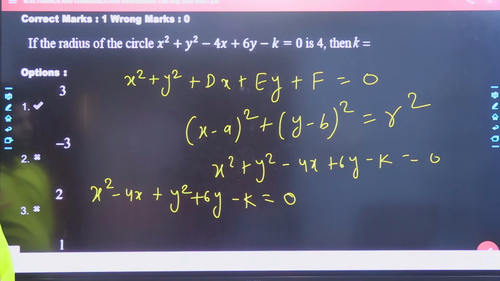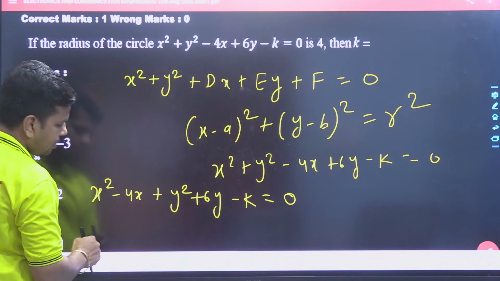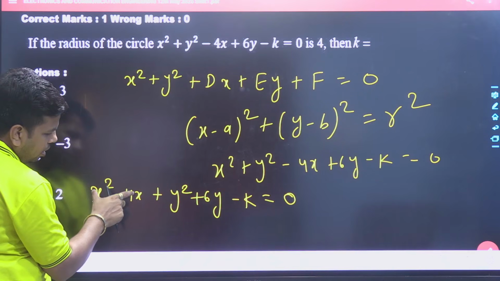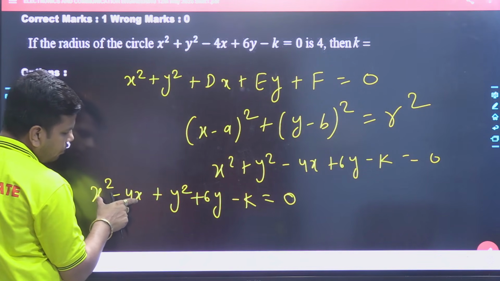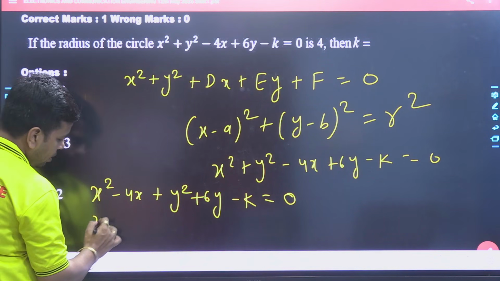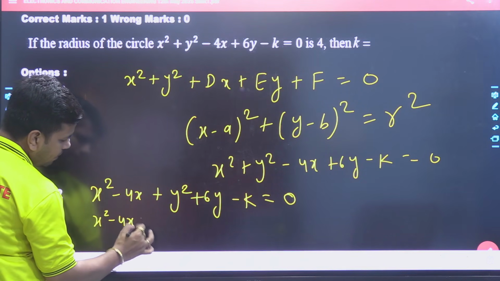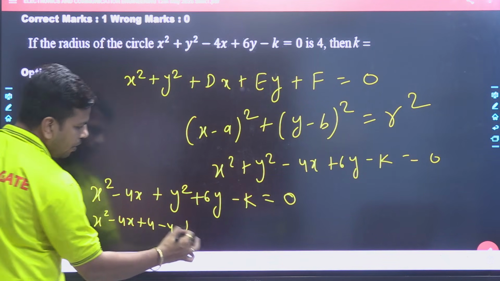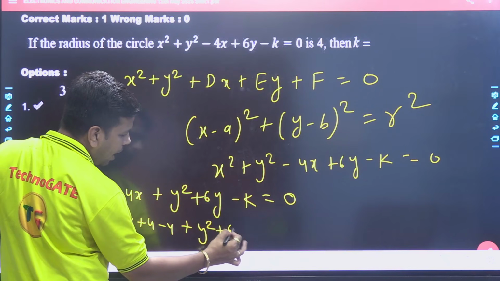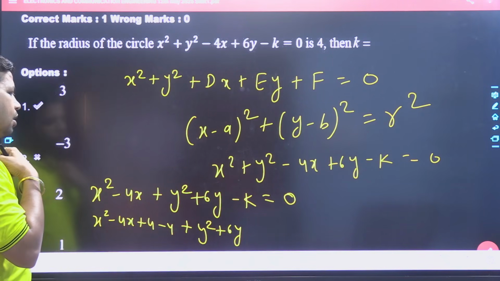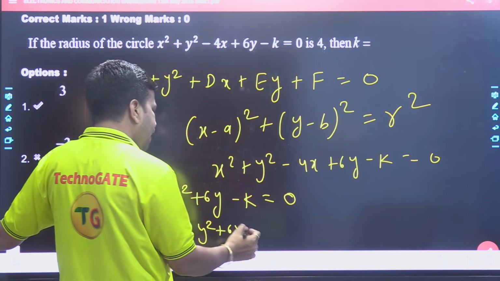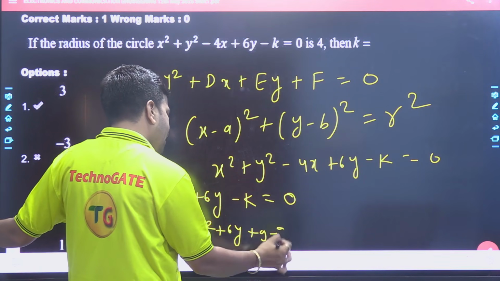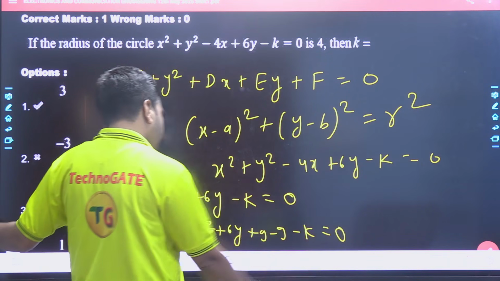Now here what we can do? x square minus 4x, so can we add plus 4 minus 4? So x square minus 4x plus 4 minus 4 plus y square plus 6y, can we do plus 9 minus 9 minus k equals 0?